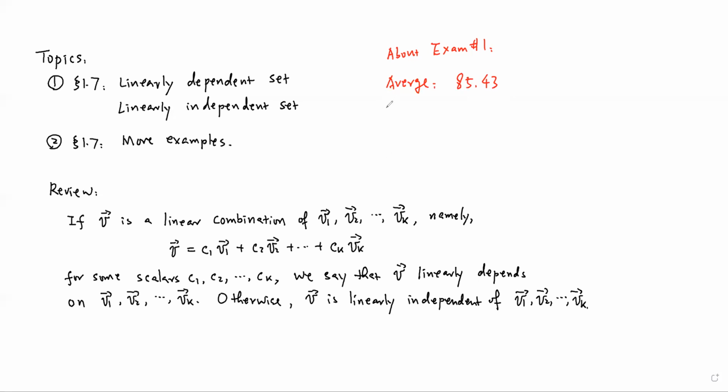The median, the student who is in the middle, is 91. Very good. How many students whose scores are 90 or above? 12 students.